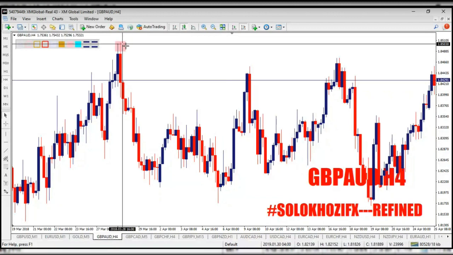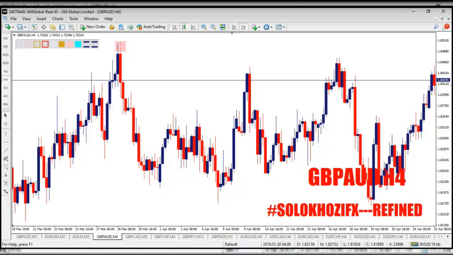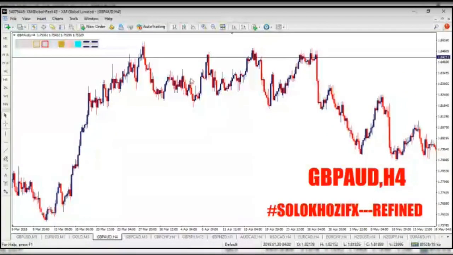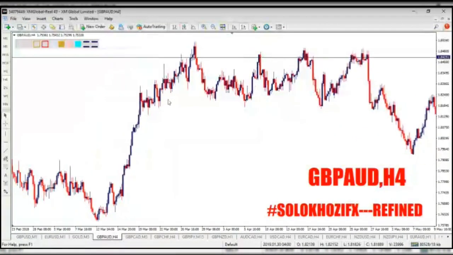Yes, I know that the red wick is longer than the blue one, but I wouldn't recommend that you take it, because they are almost equal. So you really need to see the difference between the candlestick wicks, the red and the blue.